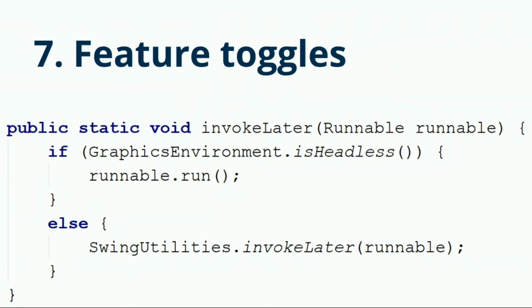Headless is a Java thing that I guess some of you know: it's a setting that throws an exception if you're trying to open a graphical window or wait for user input. That's a great way to get your tests stable and ensure that they're not stopping. So if the environment is headless, then you should just run the runnable at once. And then you get it stabilized. This is a kind of feature toggle. You can of course use more regular feature toggles, but this is an example.